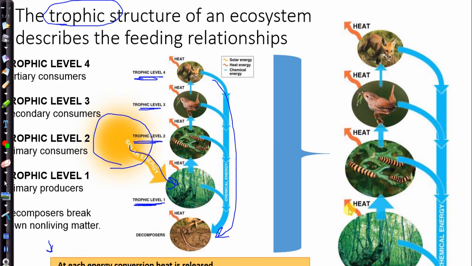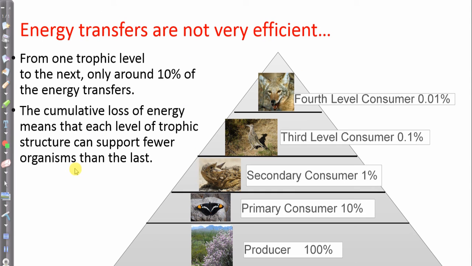Notice how at every stage, some energy is lost as heat. There's a reason for this. Energy transfers are not very efficient. From one trophic level to the next, only about 10% of the energy transfers. Only 10% of the energy transfers.